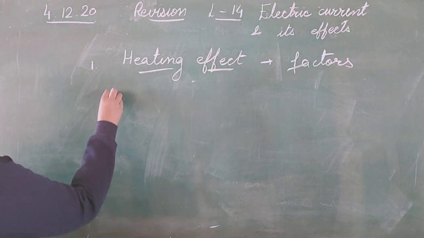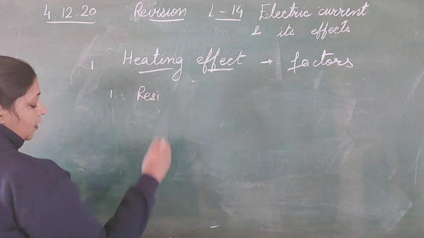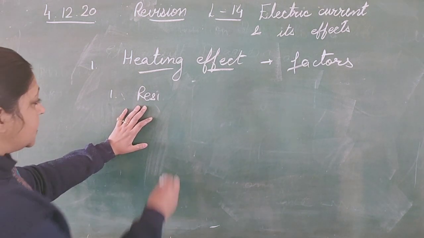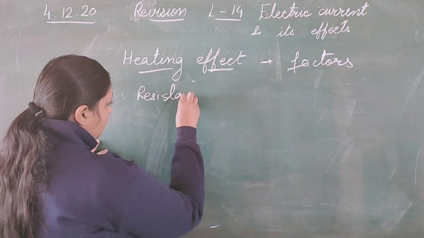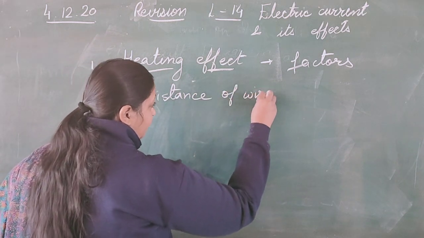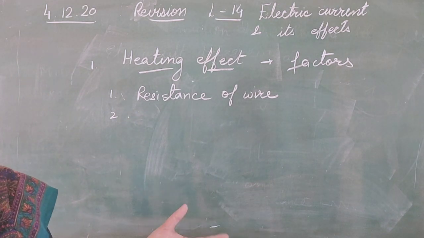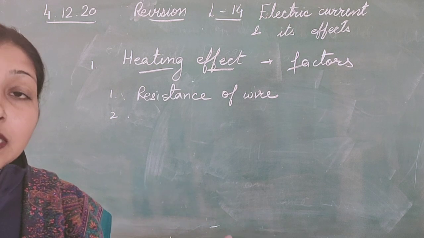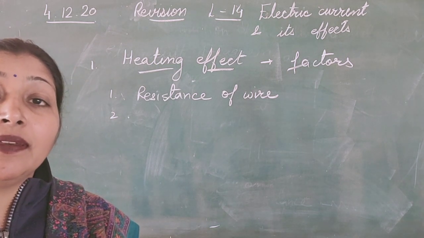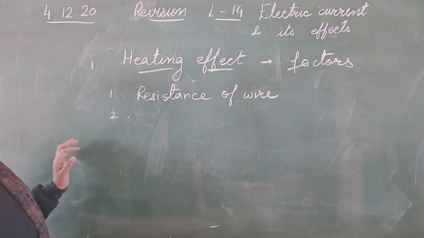Heating effect depends upon, number one, the resistance of the wire. The wire you are using, how much resistance does it have? How much can it resist? The more the resistance is, the more the wire gets heated up.